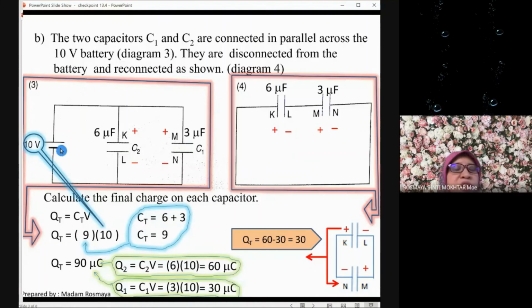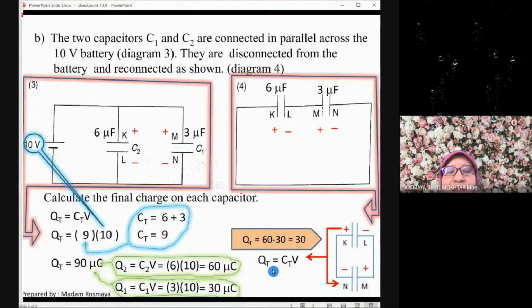Without the battery. Okay, so what we are going to substitute for Q total in this equivalent, in this effective total charge, is 30.